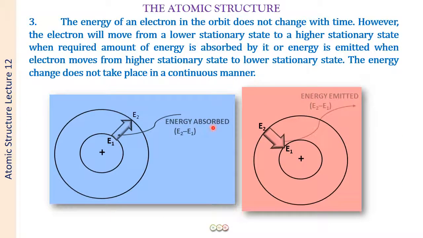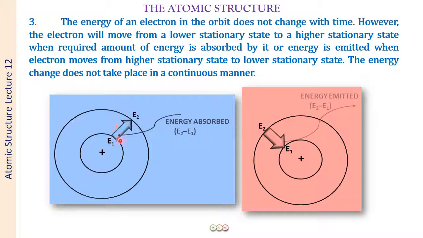So the third postulate is that the energy of an electron in an orbit does not change with time. The electron in an orbit has a fixed amount of energy. However long it may continue moving in its own orbit, the energy is not going to change. But when the electron moves from a lower energy state to a higher energy state, it will do so after it has absorbed some amount of energy, right?